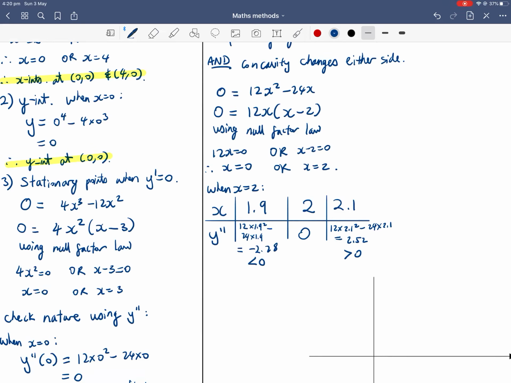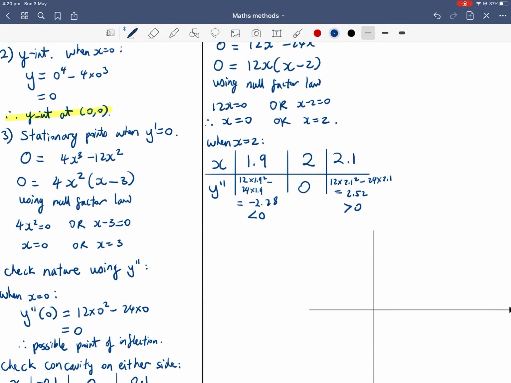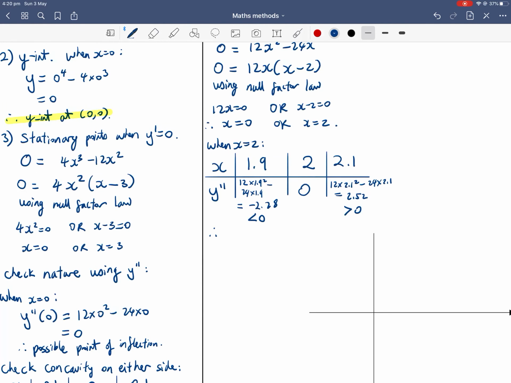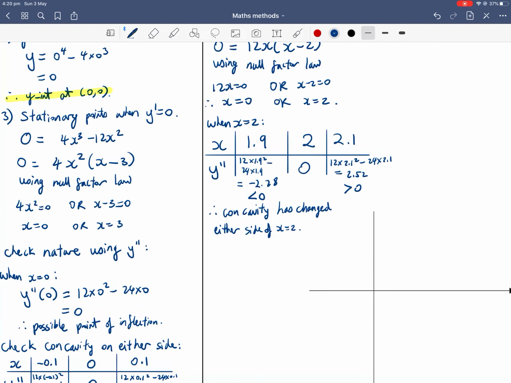My concavity has changed on either side of x equals 2. So we know it's a point of inflection.